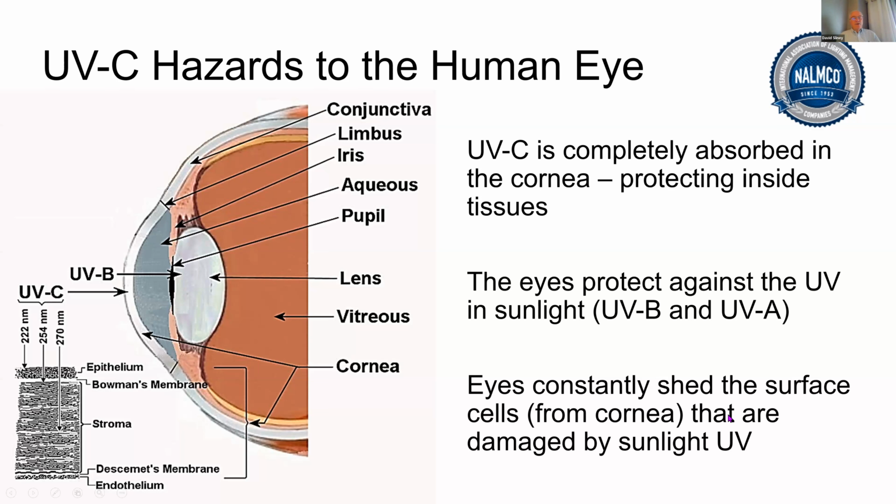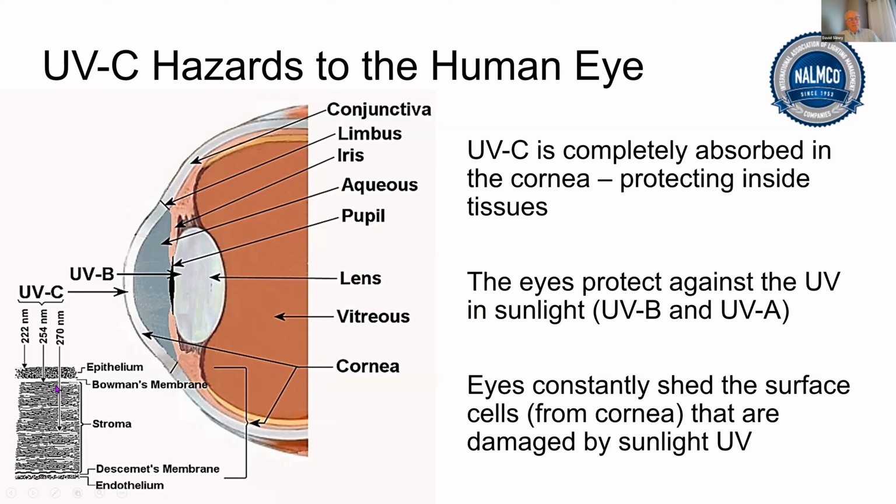The figure on the left shows you the structure of the cornea with a very thin layer of epithelial cells, which are constantly being generated, just like the epidermis of the skin.